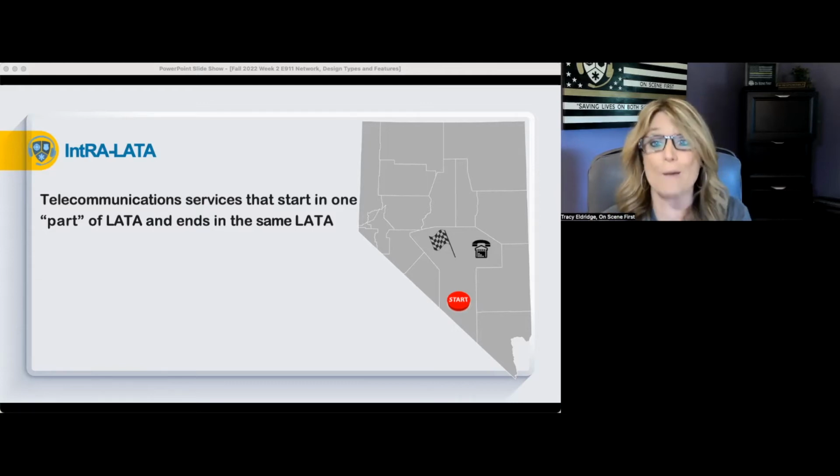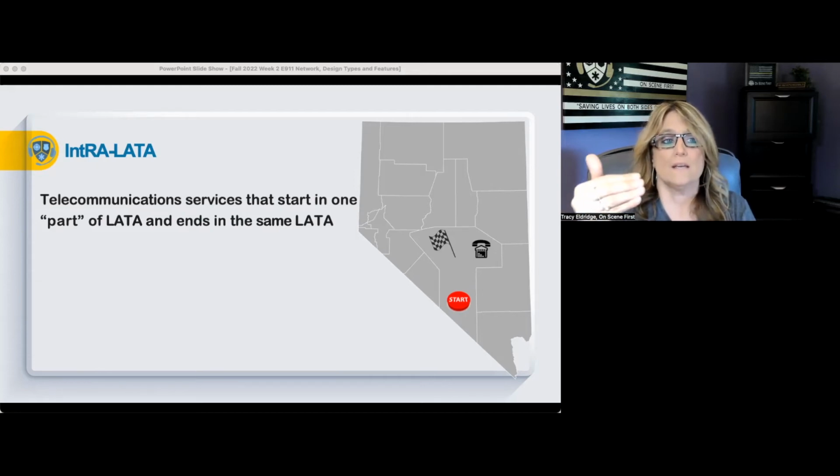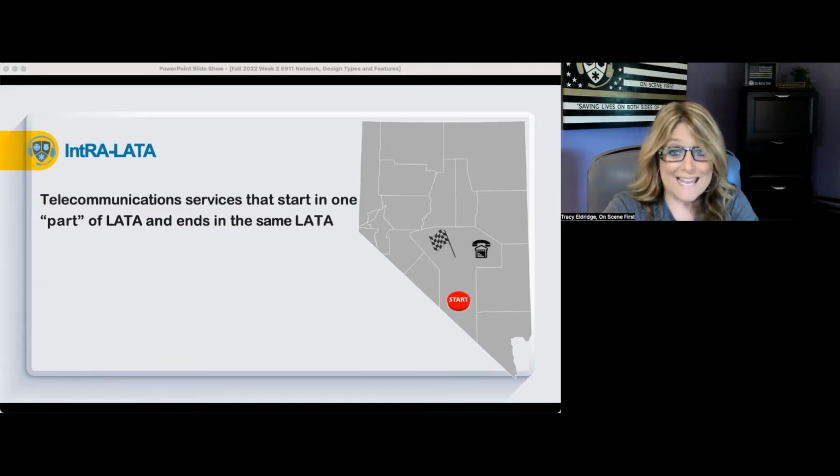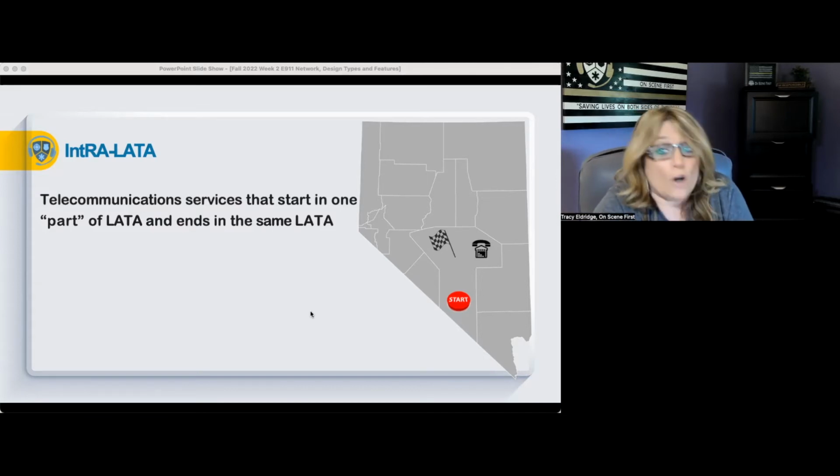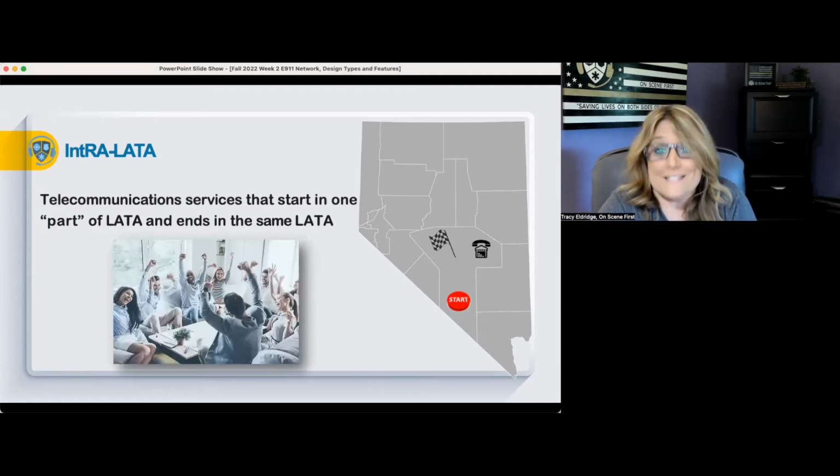It's happening within our boundaries. It starts in our LATA and it ends inside of our LATA. We're not going outside of it yet, because when we go outside, then they're not really in our group. They're not really our people. They're not our friends yet.